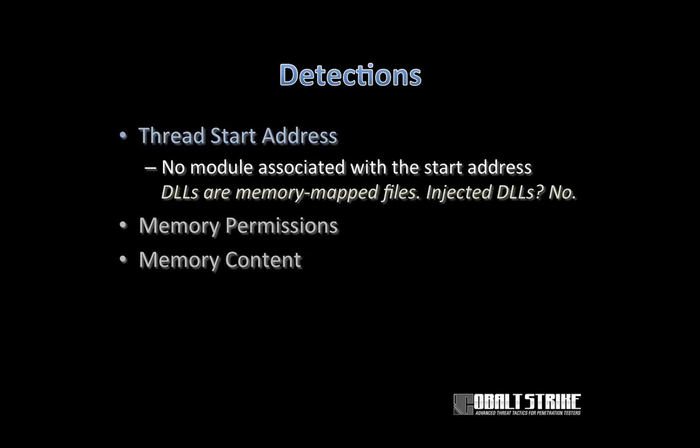Why does that heuristic work? Well, when a program creates a thread, oftentimes it is going to call a function. And that function is either going to reside in the current program itself, which is a memory mapped file in the current process space, or it's going to call a function in a DLL that happens to exist as a memory mapped file in the current process space. Any threads not associated with a memory mapped file are suspect.